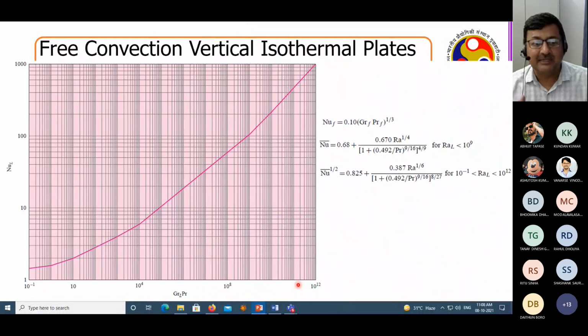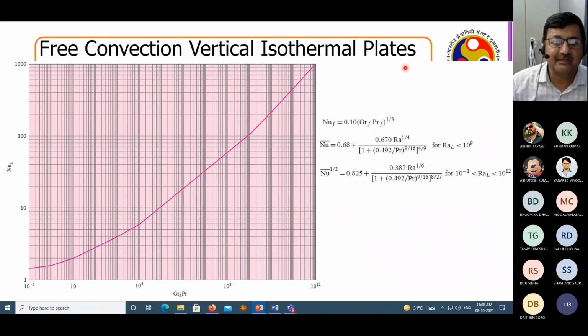Right. If you look at this plot, it shows the Nusselt number against the Grashof number times the Prandtl number, for free convection on a vertical isothermal plate. If you have a uniform temperature plate, what will be the free convection around it? The Nusselt number tells you the strength of those recirculation currents.